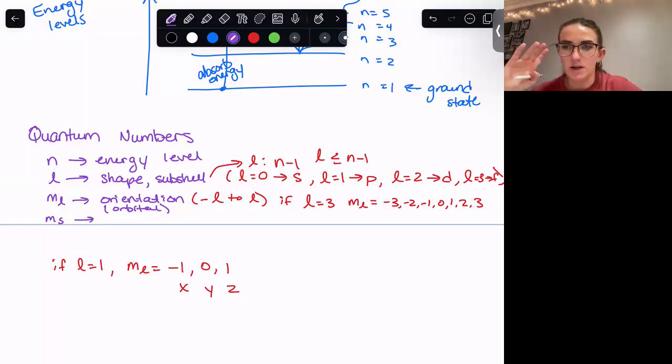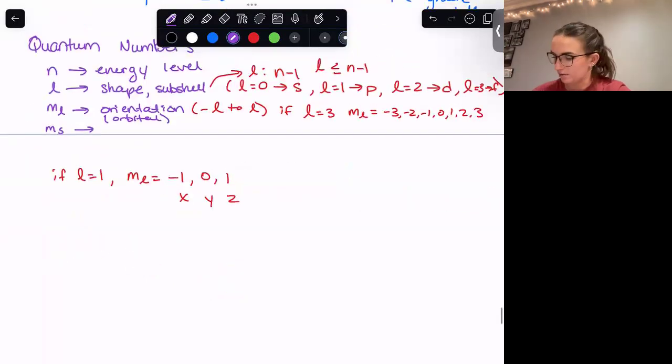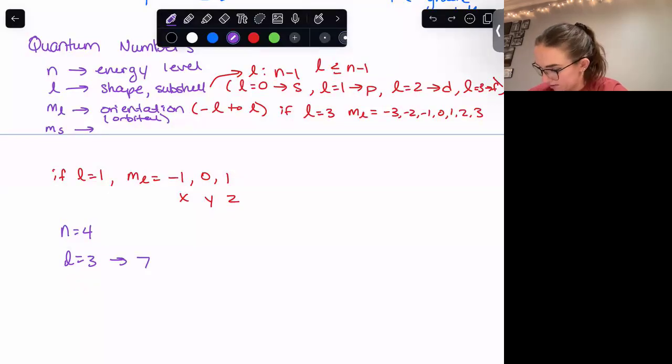Okay, does that make sense of the options for 4? So the total number of subshells within n equal to 4 is when you have 3, 2, 1, and 0. So this is 7 when l is equal to 3, this is 5 when l is equal to 2, this is 3 when l is equal to 1, and when l is equal to 0, this is 1.